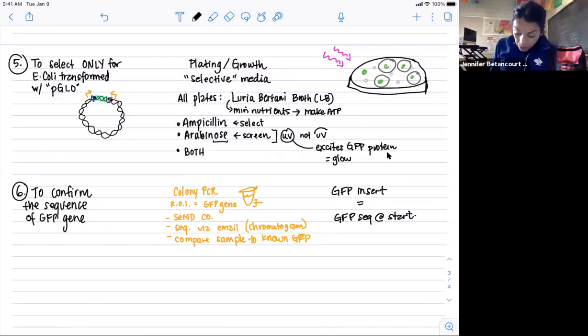Remember, we only have a tiny little plate, and here's the cool thing. When you take these little colonies, you're just scraping them off the plate and sticking them into a tube, into the buffer. That's all you have to do.